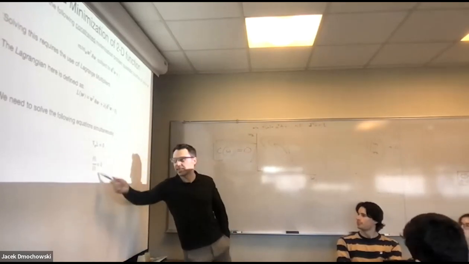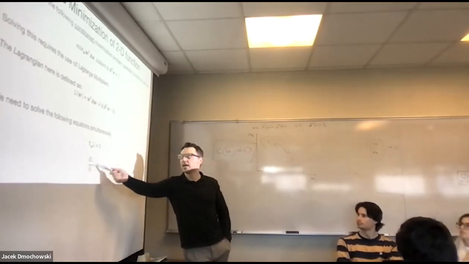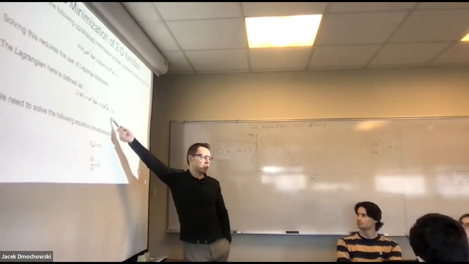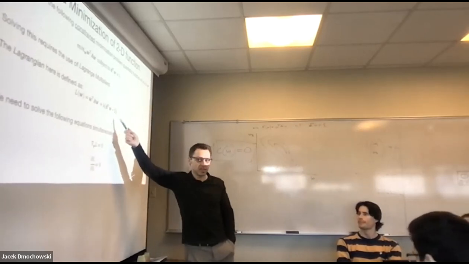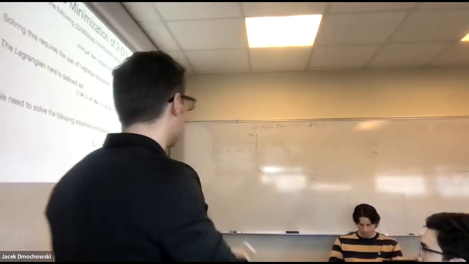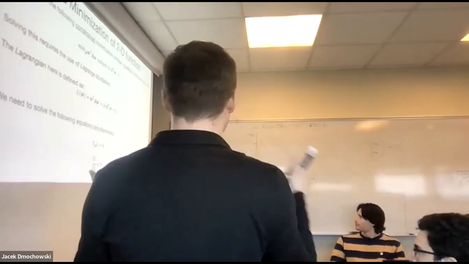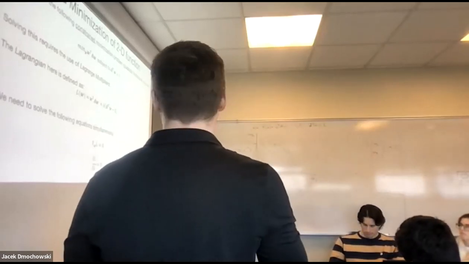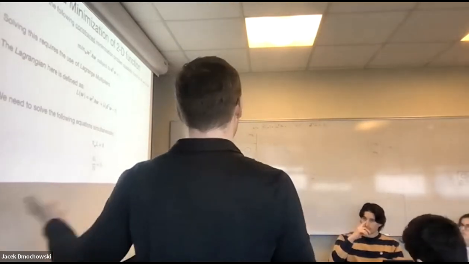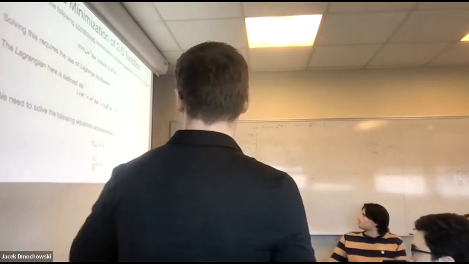Because by solving this, you're ensuring that the W that comes from here is going to satisfy the constraint. This is really brilliant, because what this does is it converts a constrained problem into an unconstrained one.